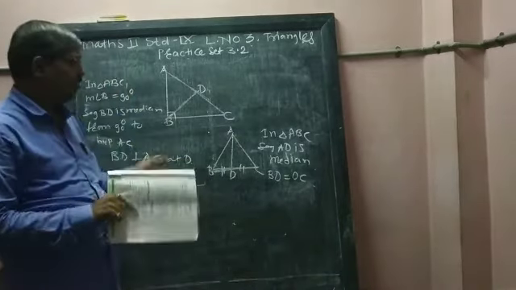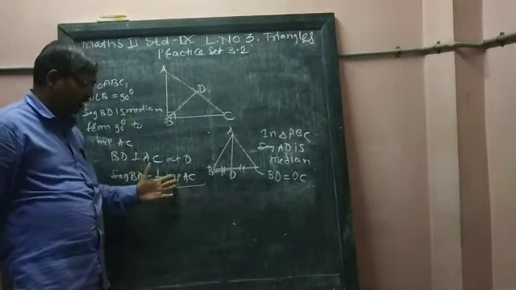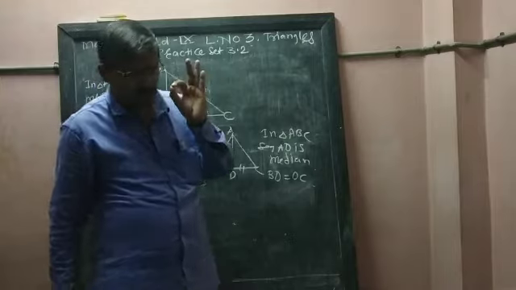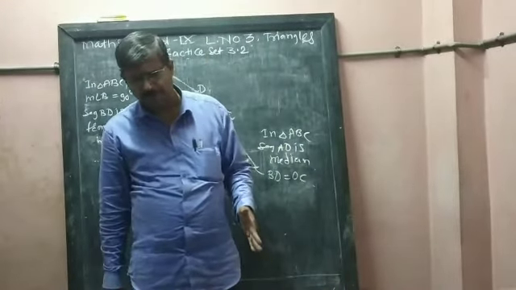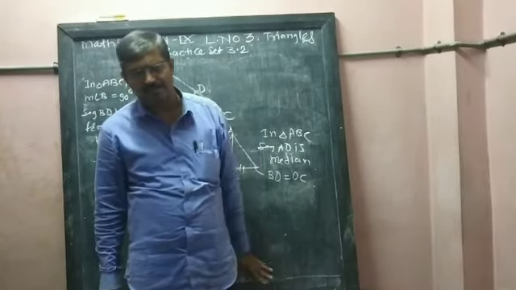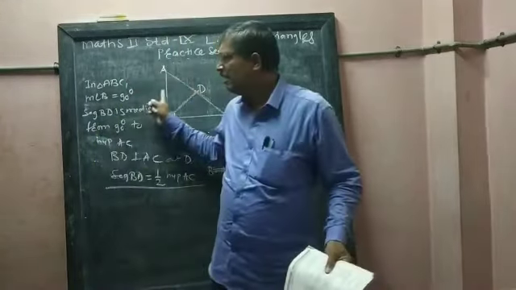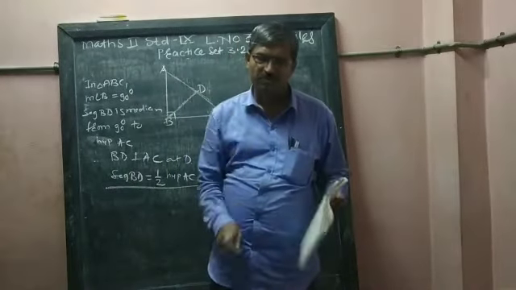In next video, I am going to prove how side opposite to angle 30 degrees is half of the hypotenuse. Means I am going to explain 30, 60, 90 degree triangle theorem, as well as we will see the 45, 45, 90 degree triangle theorem in next video.